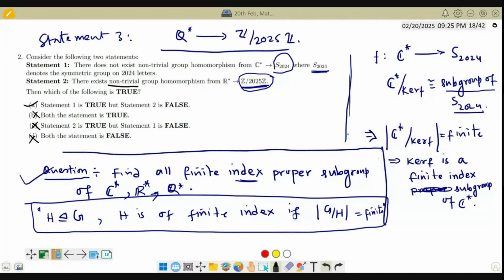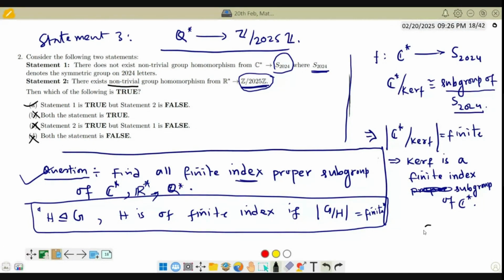Yeah, sure. Here, H is a subgroup of G. H is of finite index if G mod H is finite. Here, is this H a finite group or infinite group? Anything. G and H can be anything.